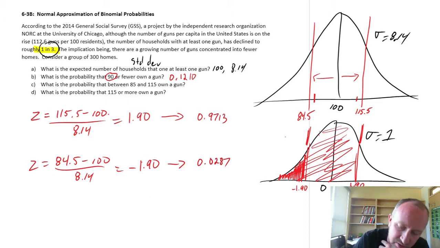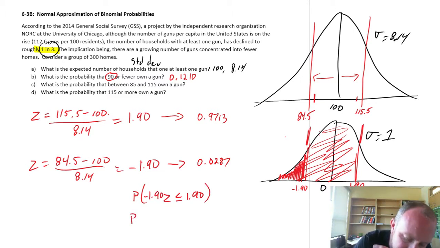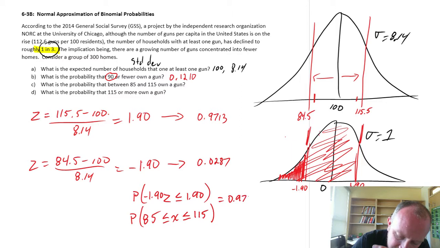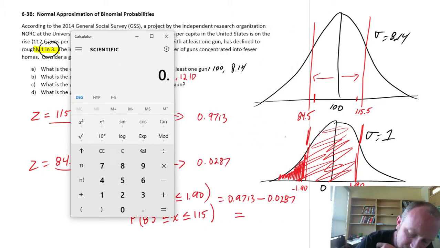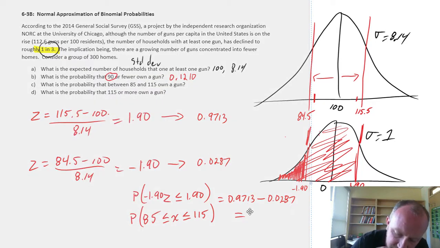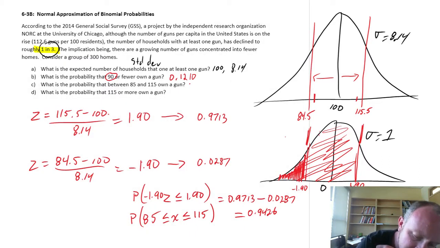Okay, so the area between those two, the probability of Z between negative 1.9 and 1.9, which is the same as the probability of X between 85 and 115, is 0.9713 minus 0.0287, which equals 0.9426.